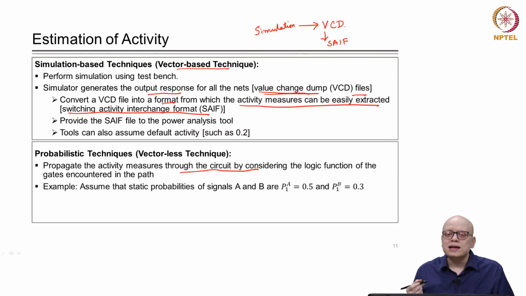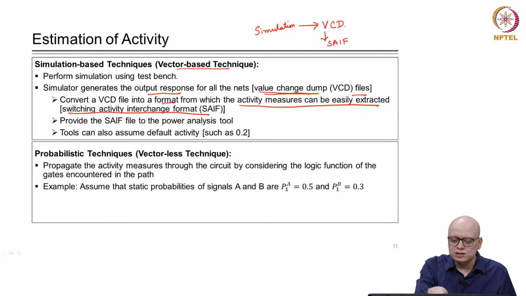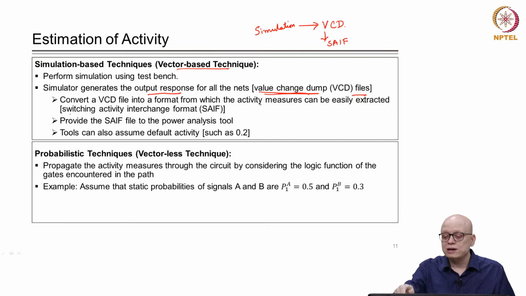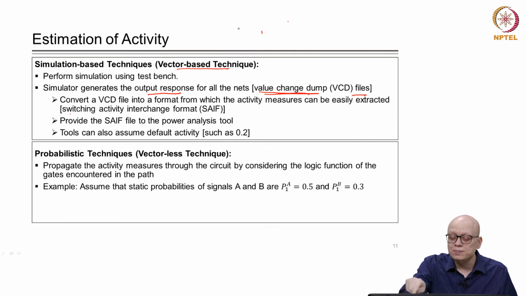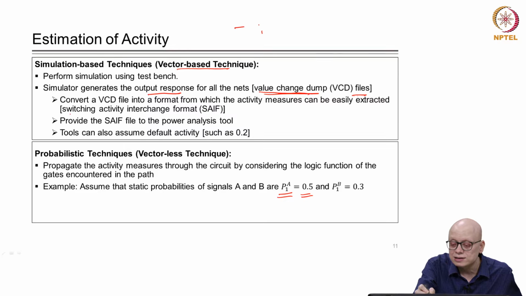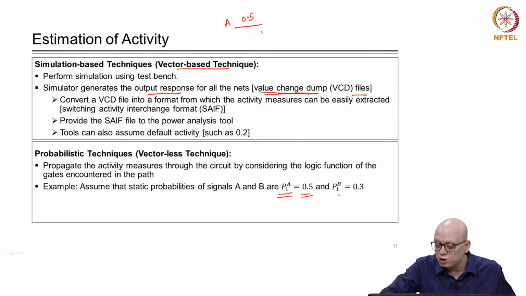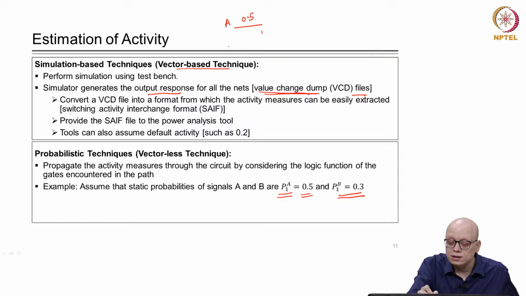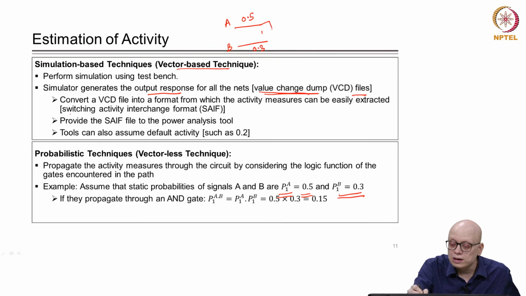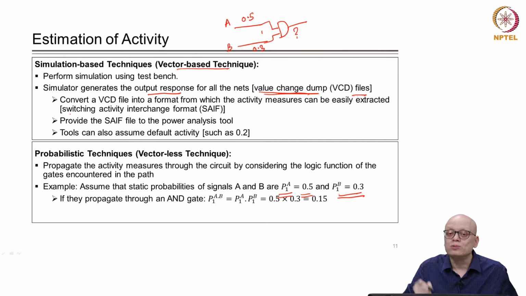Let us assume, to illustrate this, that there are two signals A and B. The probability of being 1 is 0.5 for A, and for the other signal B the probability of being 1 is 0.3. Now, if these two signals were going to an AND gate, what will be the probability of being 1 at the output?